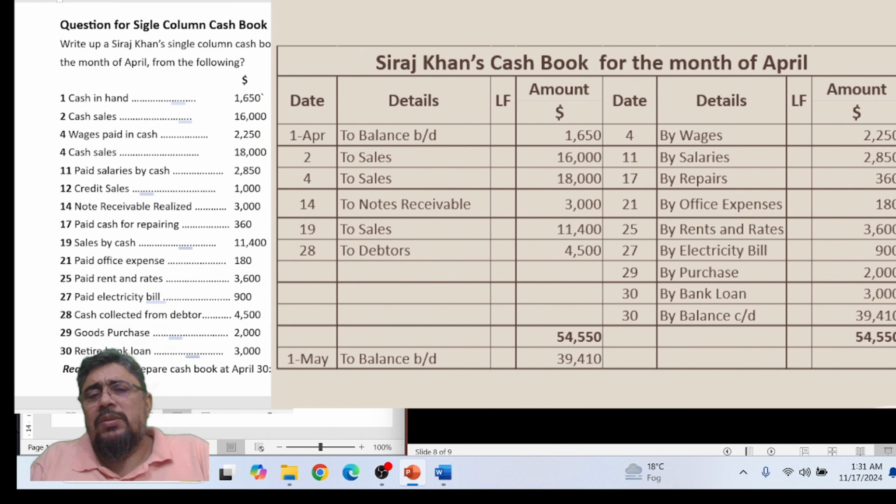This question is very easy. I think you will not feel any difficulties if you remember only three things. Number one, cash is always a debit balance. Number two, received cash is always posted on the debit side and payment of cash is always recorded on the credit side.